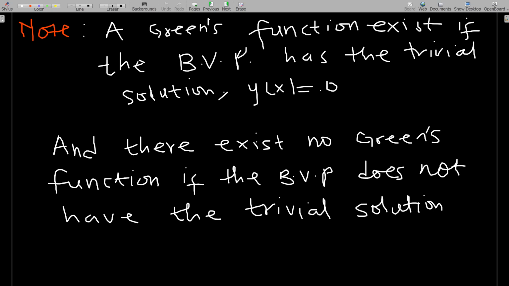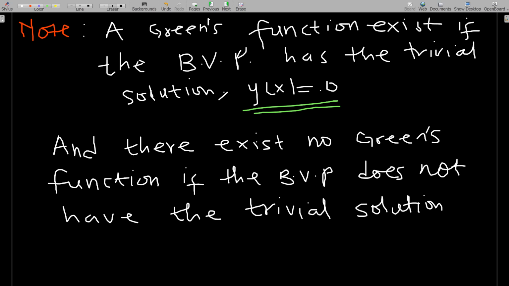Now a Green's function exists in the above BVP that we're talking about if the BVP has the trivial solution y of x equals 0. So you should always check this, all the time. After solving the BVP with our own idea of solving a second order differential equation, you check if it has the trivial solution, then you can go ahead and solve for your Green's function.